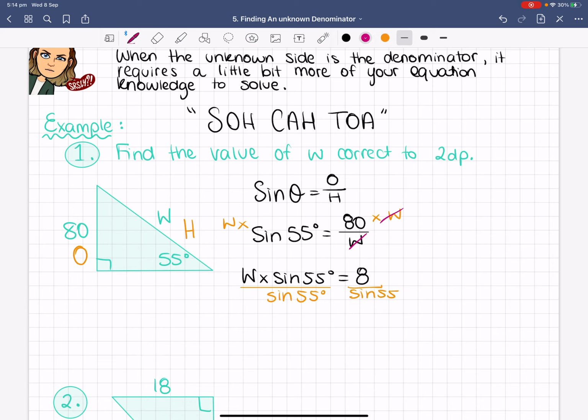results in these two cancelling out, and we're left with W is equal to 80 over sine of 55. And then you can literally put that straight into your calculator.